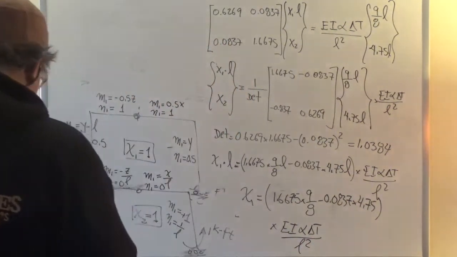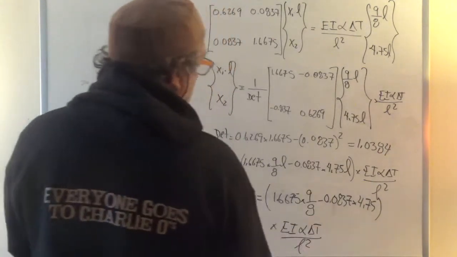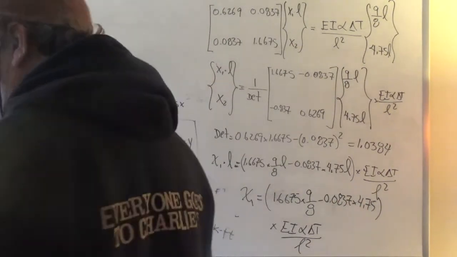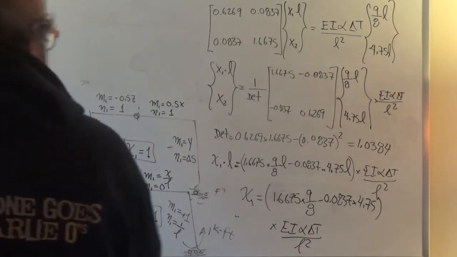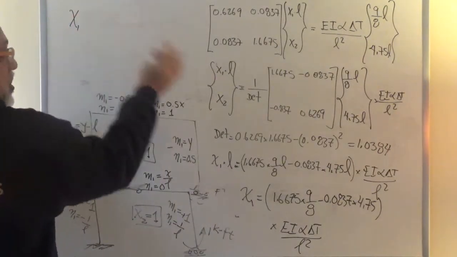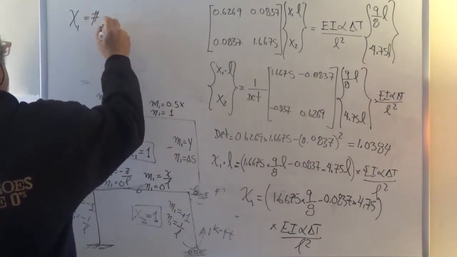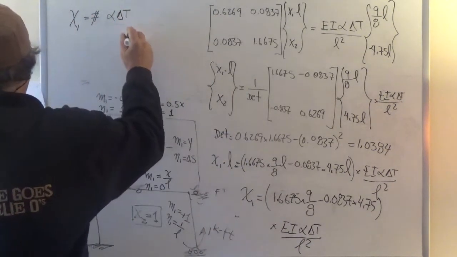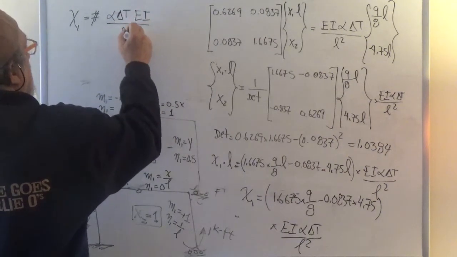Okay? Now I cannot give you the value exactly because I have an error in the 9/8, I had a 1 instead of 9/8. But you can substitute for that and you can substitute for the other one and get both of them. Now, what turns out is something like this, right? You can obviously see it from here. x1 is some number times alpha times delta t times EI divided by L squared.